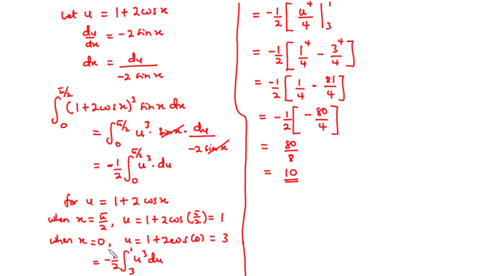Now let's take the last example for today's lesson. So let's try to find the integral of the function. We have the integral of 1 over x times ln of x dx from e to 3.